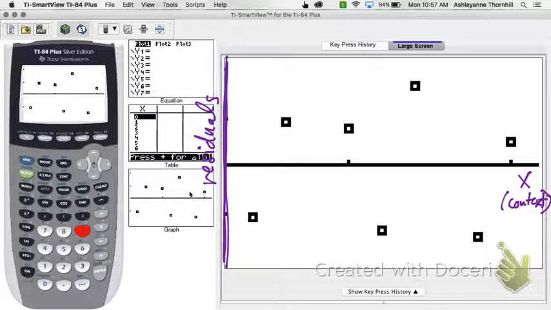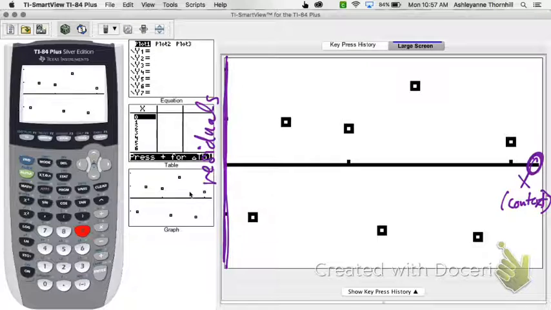You'll notice how 4 are above and 3 are below, because 4 are positive, 3 are negative. When you add them all up, they should add to 0. So this x-axis is 0. If you're on that point, then you have no residual. You're exactly on the LSRL. And then some are above, some are below.